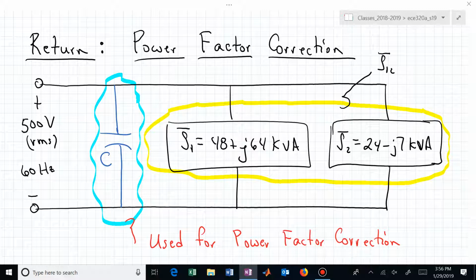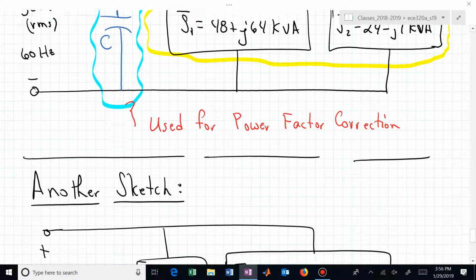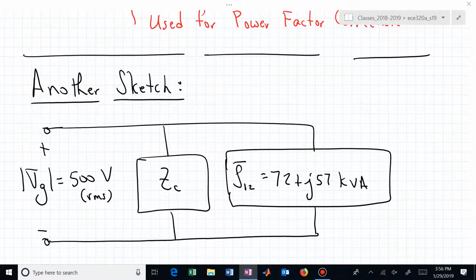Now we want to see what we can do with C. Too many C's floating around, but the main C is the letter C, or the capacitor. So you could sketch it this way if you wanted to.